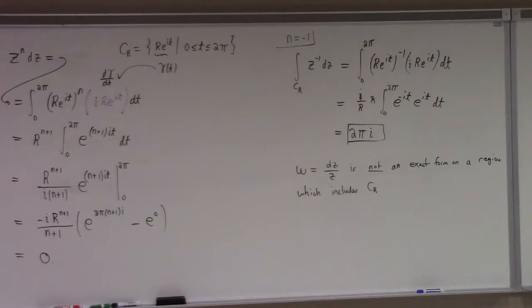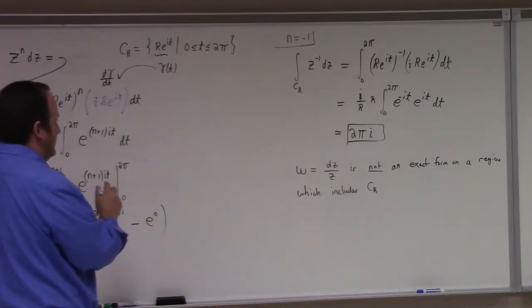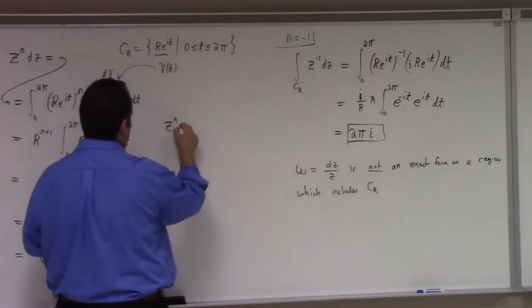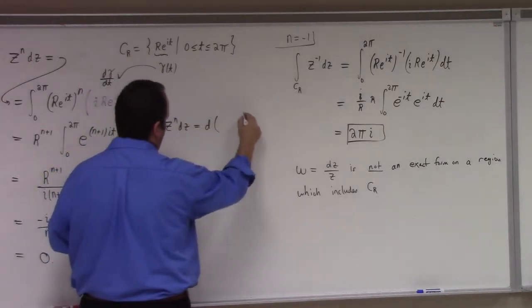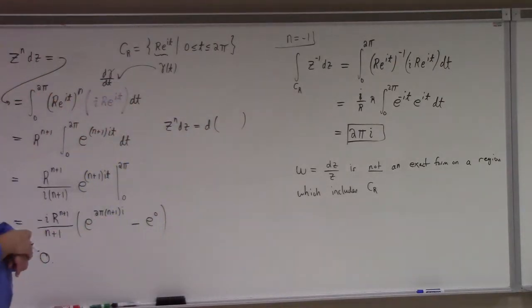To show that z to the n dz is an exact form, I would have to do what? d of what? Apparently whatever I'm about to write down does not make sense for n equals minus 1.